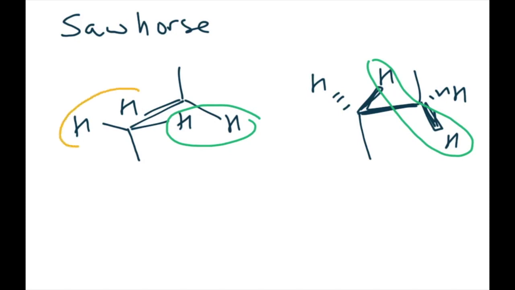These two are pointing away from you, on the far side of the molecule. So in the sawhorse, you've given the drawing a little bit more perspective, a little bit more depth. So you don't have to use the wedges and dashes because you can see, based on how it's drawn, which hydrogen's on one side of the molecule and which hydrogen's on the other.